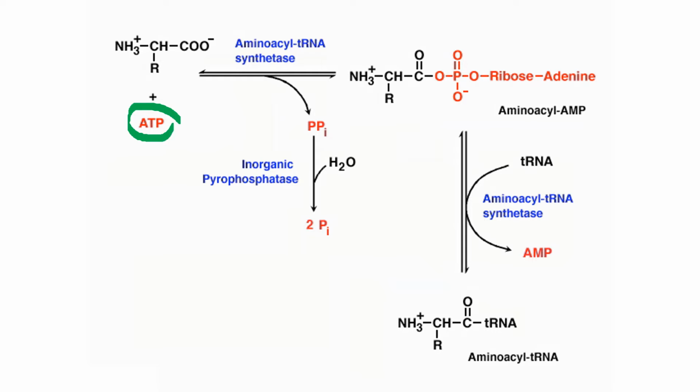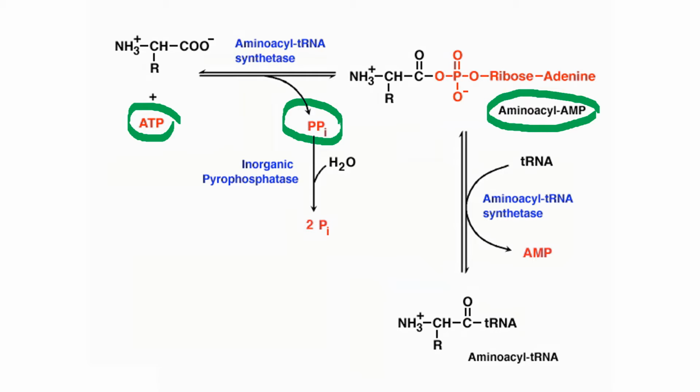We've got ATP involved here, and so the energy for this process is provided by that ATP, which gets hydrolyzed, and 2 inorganic phosphates are released. Also AMP, and an aminoacyl-AMP serves as an activated intermediate. So we've got an intermediate here prior to the tRNA coming in.